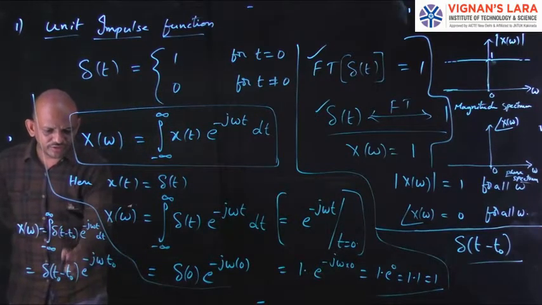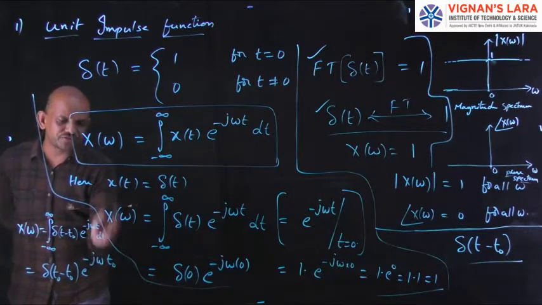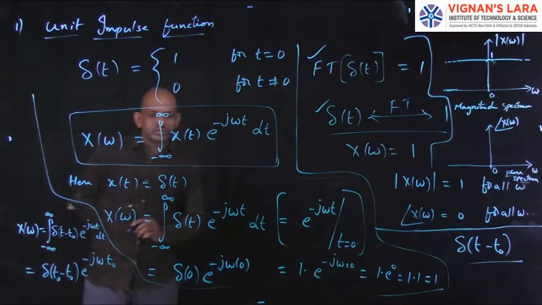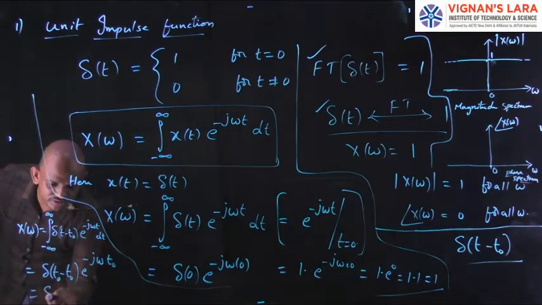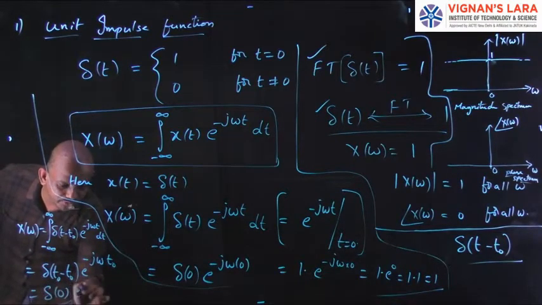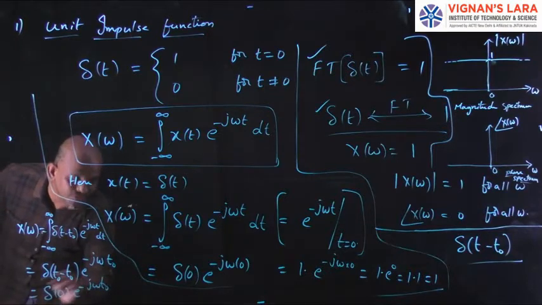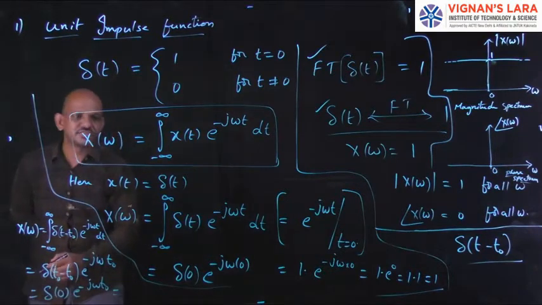That is del of t naught minus t naught into e power minus j omega t naught. That will be equal to del of 0 into e power minus j omega t naught. Del of 0 is 1.